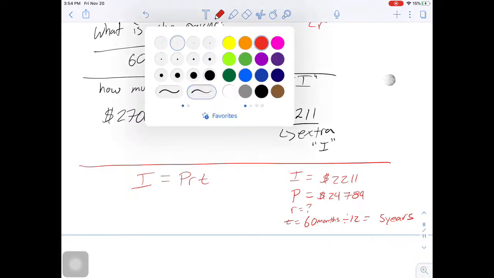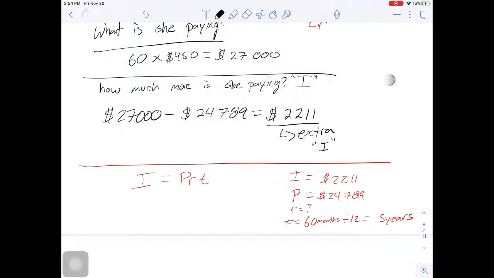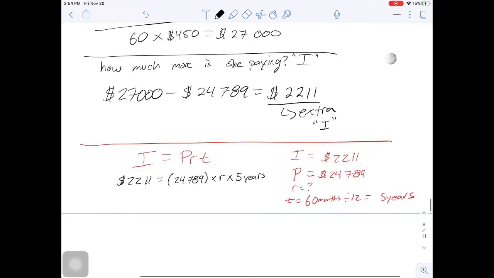Because we have all of our values here. I, again, is that extra $2,211. P is 24,789. R is what we're looking for. And then T is the 5 years she paid it off. Let's multiply these two numbers together. So 24,789 times 5.